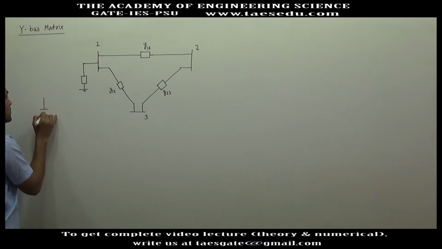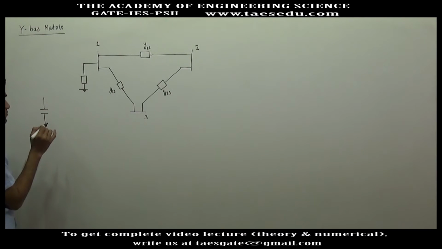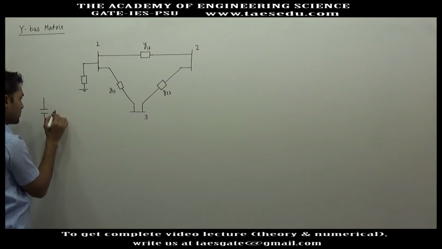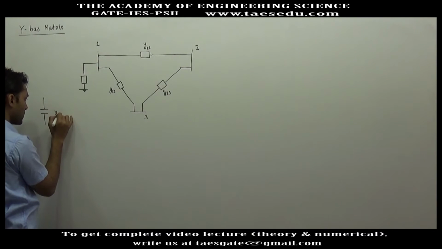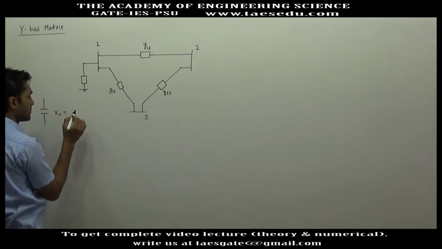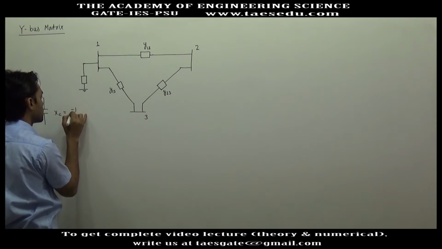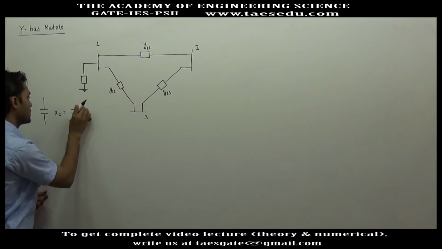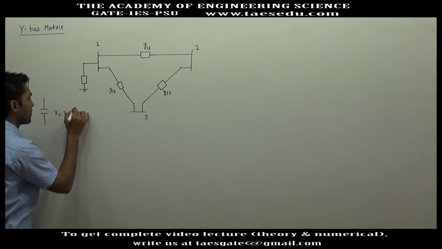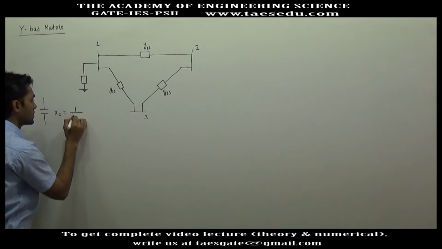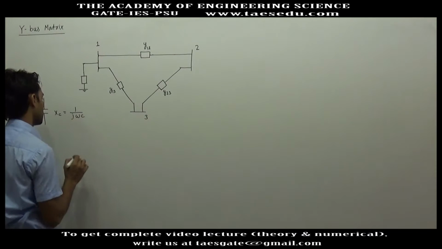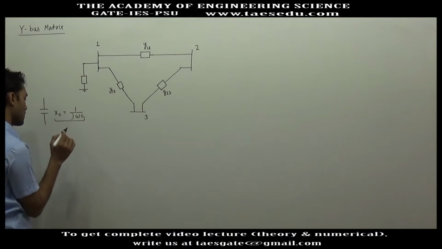Suppose it is a capacitor. Obviously its impedance XC is 1 upon j omega C. This is the impedance of a capacitor.